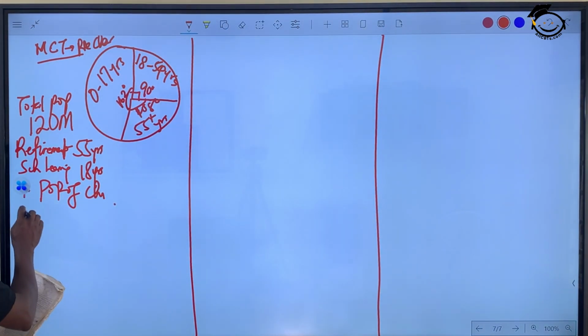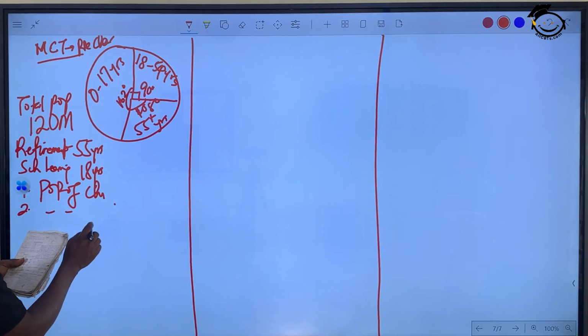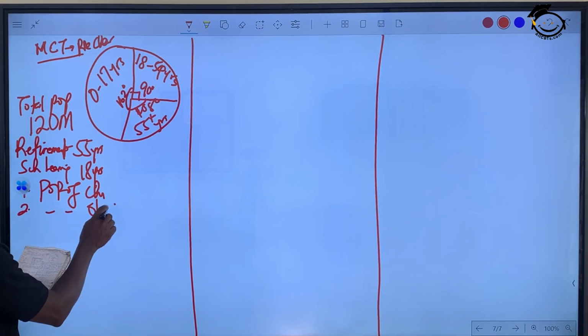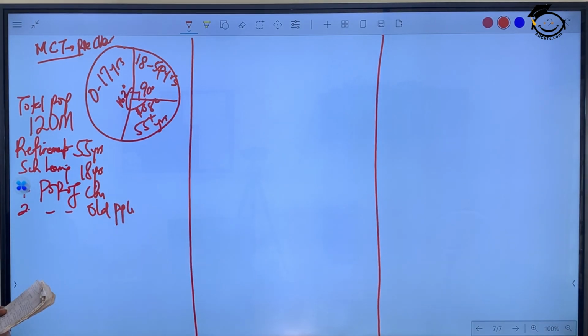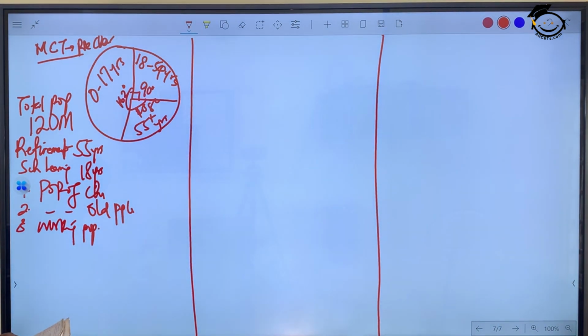Then calculate the population of old people. Three, we are asked to calculate the working population. And then there's a theory question that follows this that asks you, what is the economic implication of the above population structure?